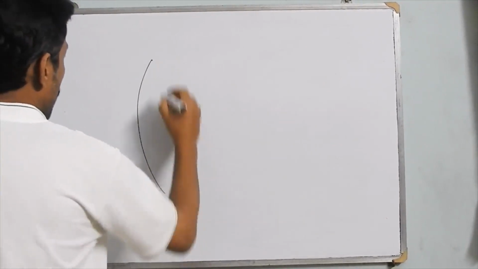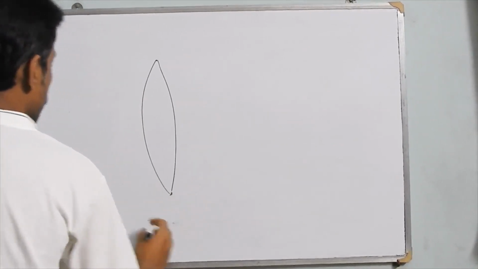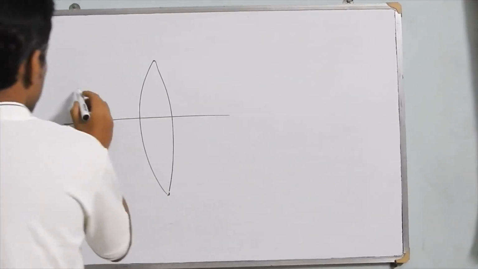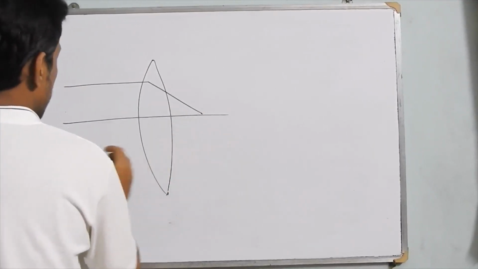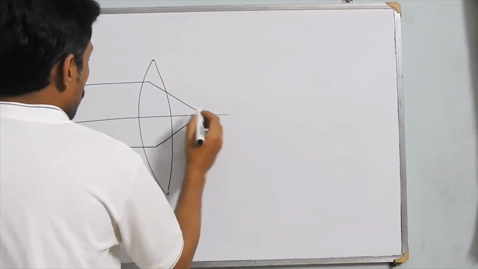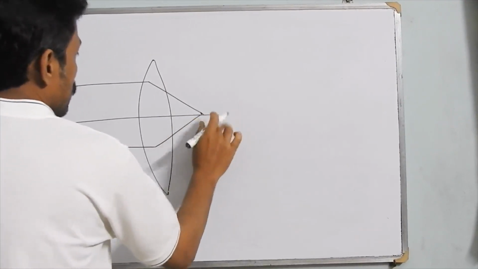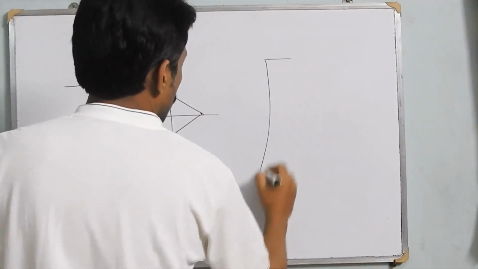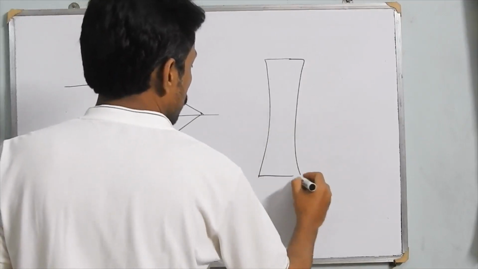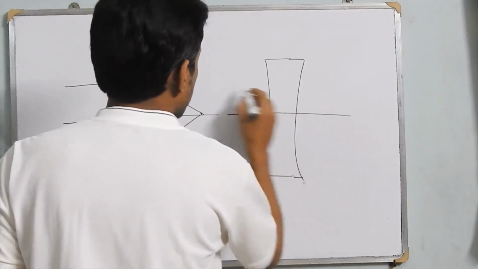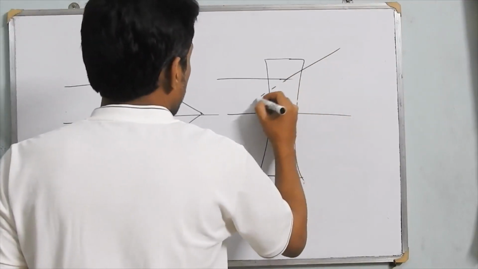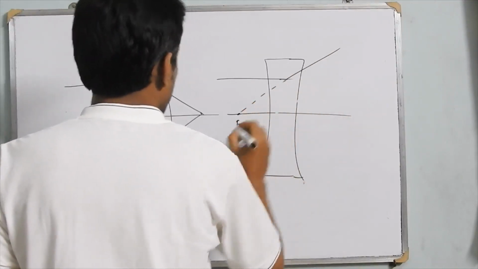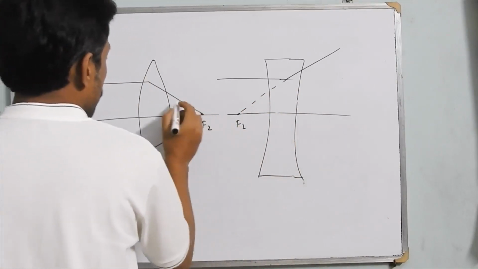If you again observe the ray diagram of a convex or a concave lens, suppose this is a convex lens, a ray of light is incident and it meets at a point on the principal axis. A similar diagram for a concave lens will be something like this. A ray of light parallel to the axis will appear to diverge from a point. So you see that this focus and this focus are quite different.